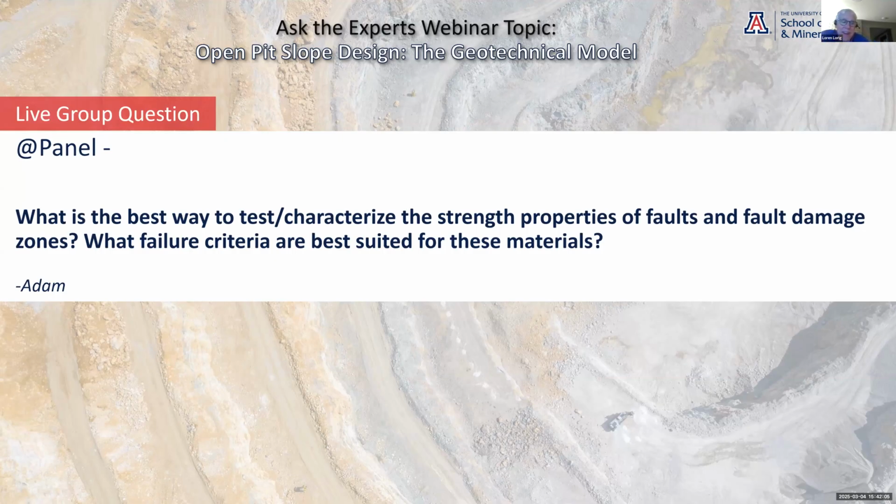First of all, thanks for asking that question. Too many times we spend 90% of our efforts trying to get rock mass strength, rock intact strength, and all these other things, when what's really important is the fault strength. We do the other things because they're easy, and getting the strength and characterizing faults is hard.